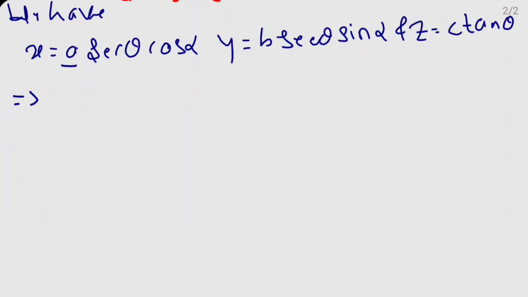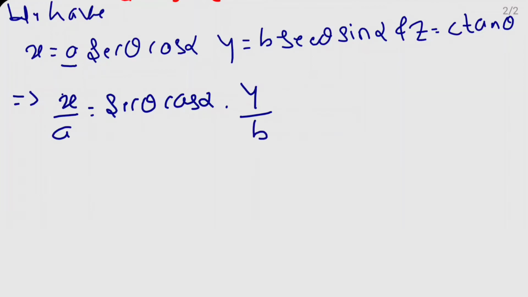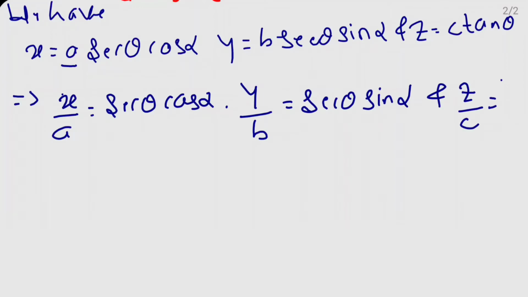So now here x by a equals sec theta cos alpha, and here also y by b equals sec theta sin alpha, and z by c equals tan theta.